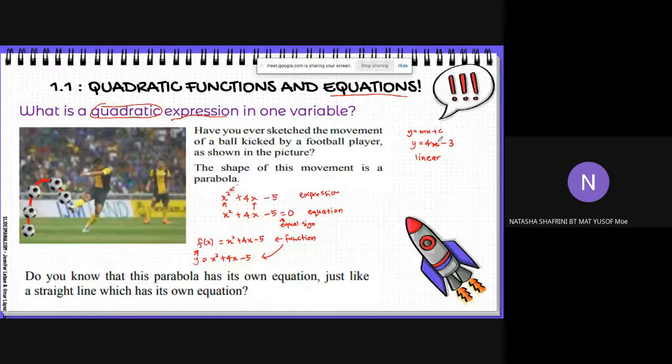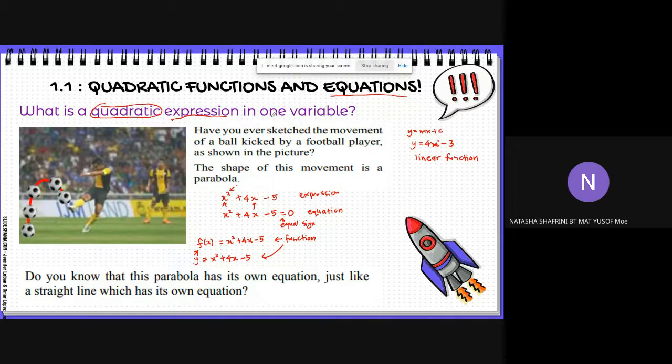Because the power of x is 1. Linear function. Kenapa function? Sebab y equal. Okay, boleh faham tak setakat ni? The difference between function, equation, expression. Okay, boleh faham? Okay, boleh.